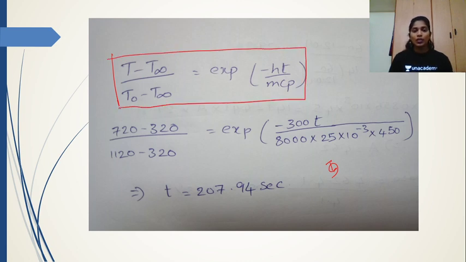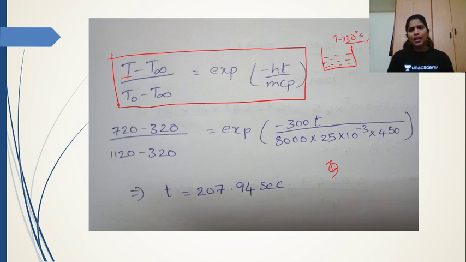I will discuss only the terms. This is the temperature at a particular time, and this is the ambient air temperature, and this is the initial temperature of the ball. Here h is the heat transfer coefficient, and t is the time. Whenever we consider this type of case, sometimes we need to find the time at which the temperature is 30 degrees centigrade, or the time at which the temperature is 20 degrees centigrade.